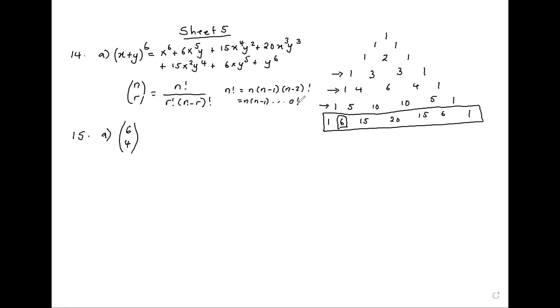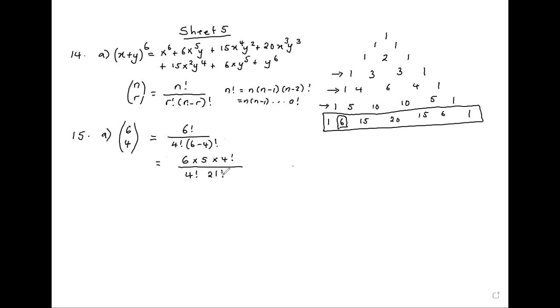So coming to our question, we have 6 factorial over 4 factorial, and then 6 minus 4 factorial, giving us 6 by 5 by 4 factorial. I've chosen to end at 4 factorial there because I have another 4 factorial down.